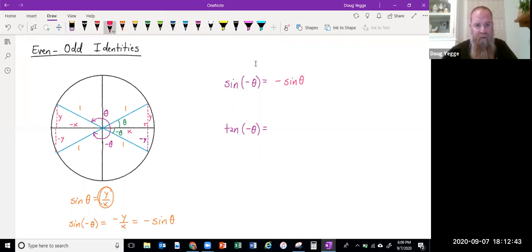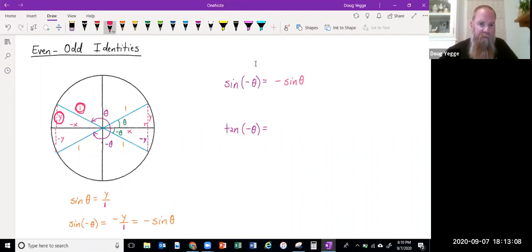If I look at that angle, I could see that sine is going to be opposite over hypotenuse. I apologize, I made a mistake on this, didn't I? This was supposed to be y over 1, not y over x. That would have been tangent, okay? So sine of theta is y over 1, so therefore sine of negative theta is the negative of y over 1.